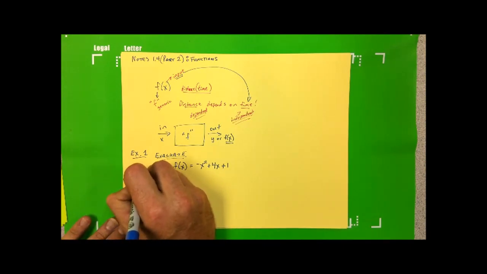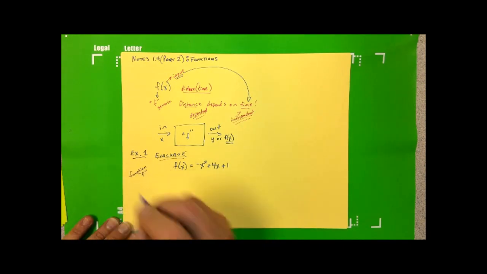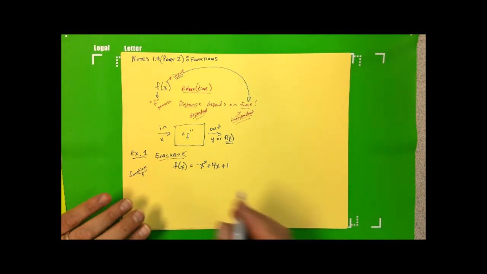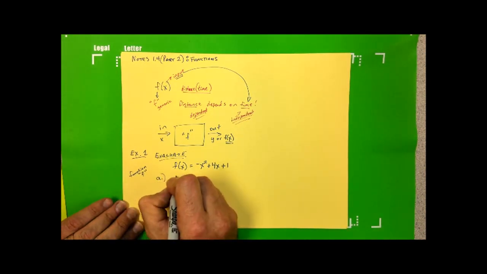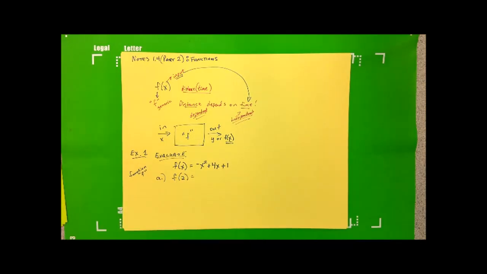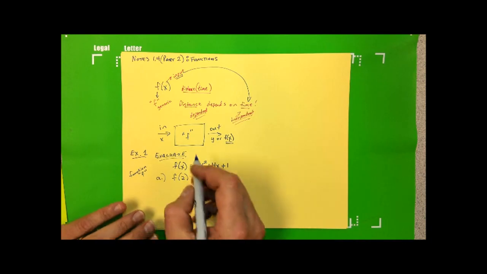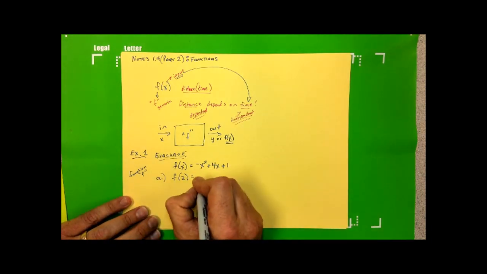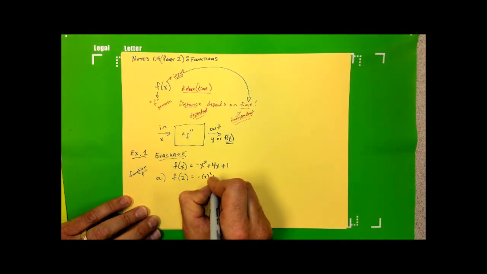Literally, this is function f. And if I were to ask you for f of 2, what I'm saying here is to input a 2 and evaluate the function.